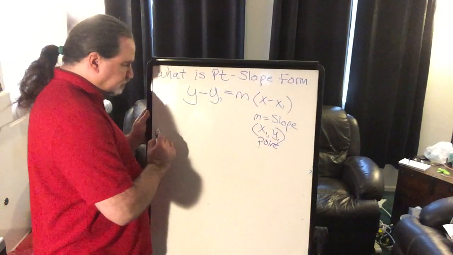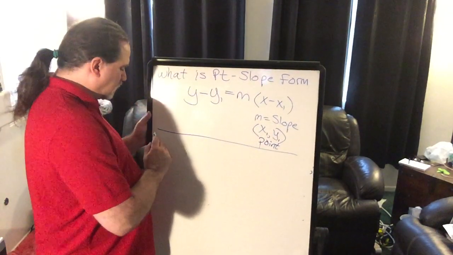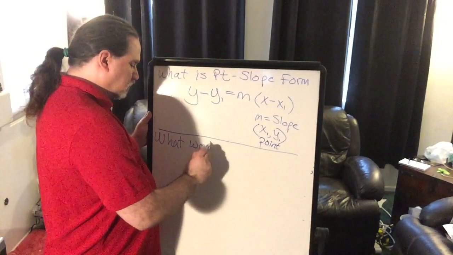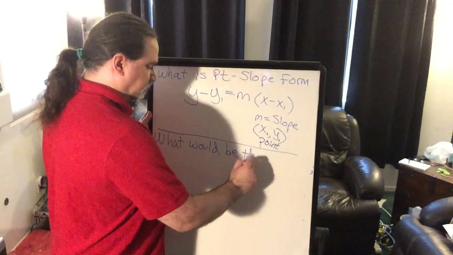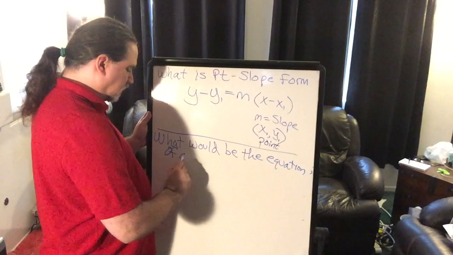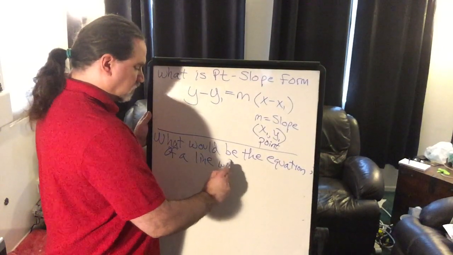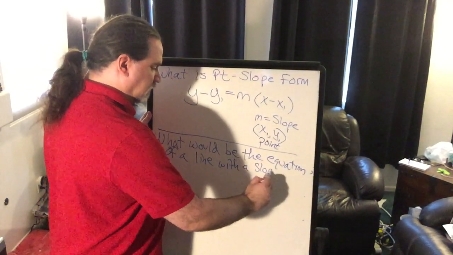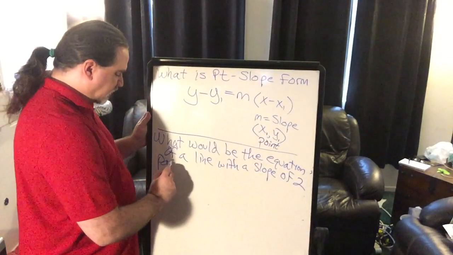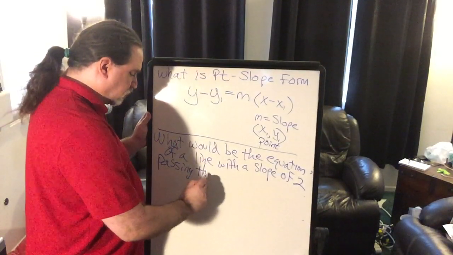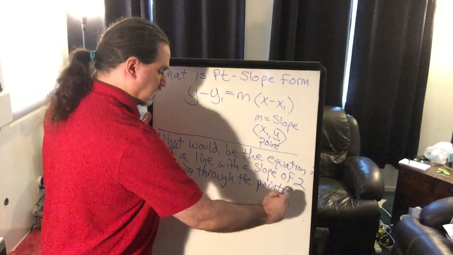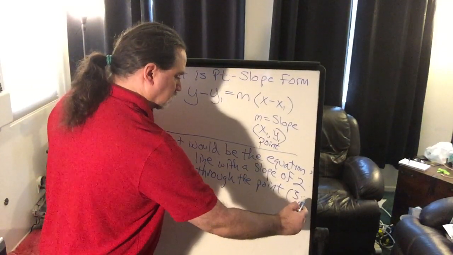So I'm going to keep that up there. What would be the equation of a line with a slope of 2 passing through the point, let's go 3, 4.